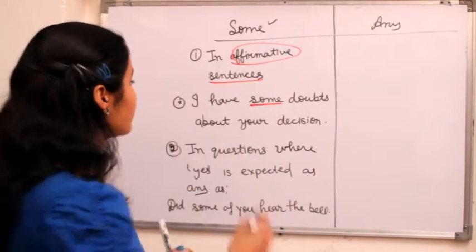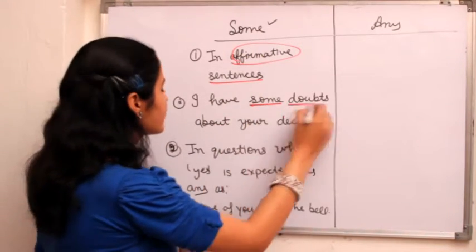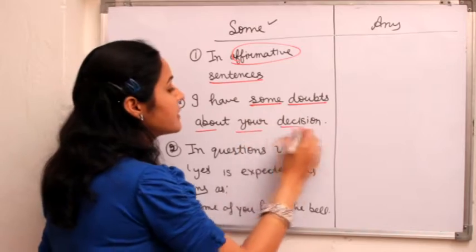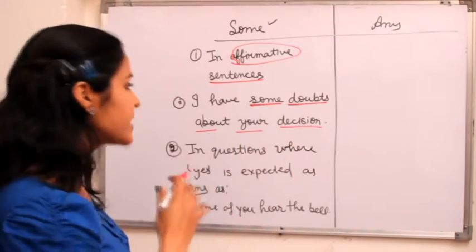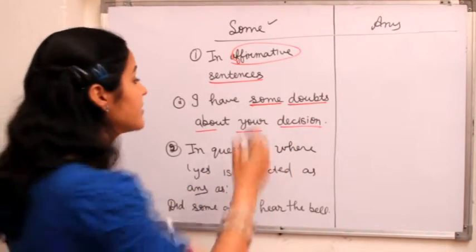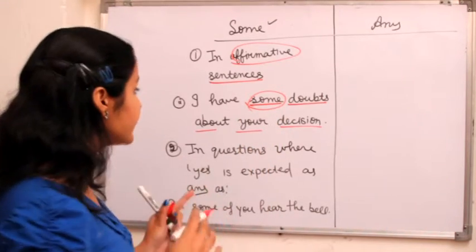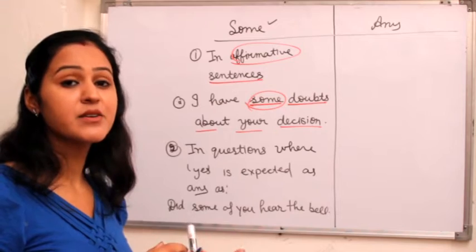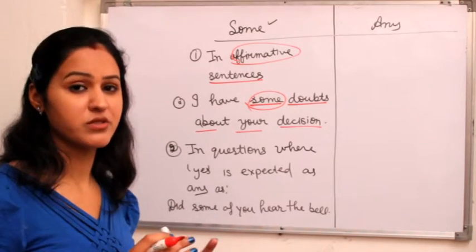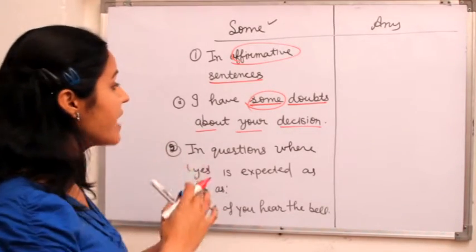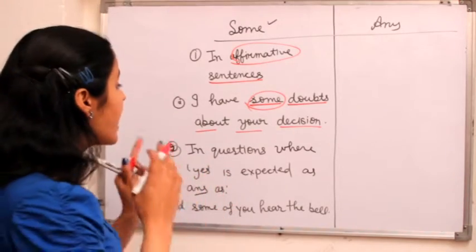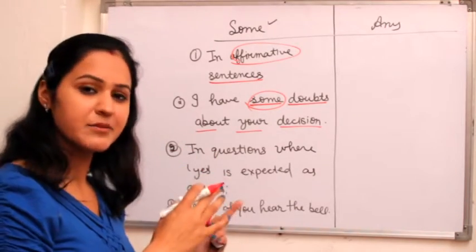So I have some doubts about your decision. That's why I use here some, not any. It means she has various doubts.